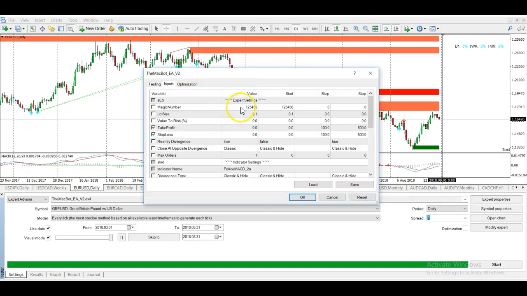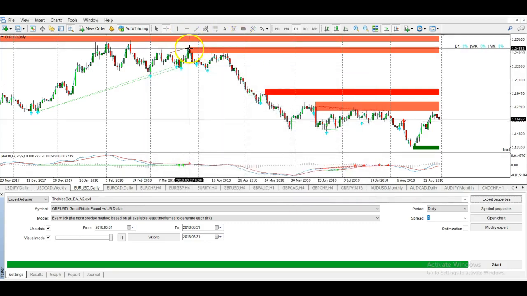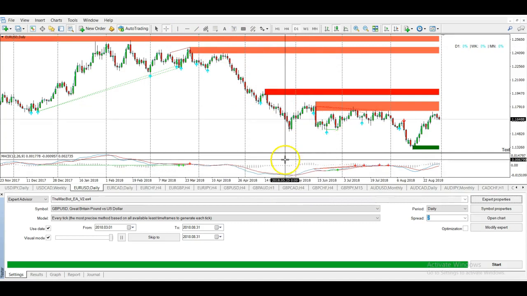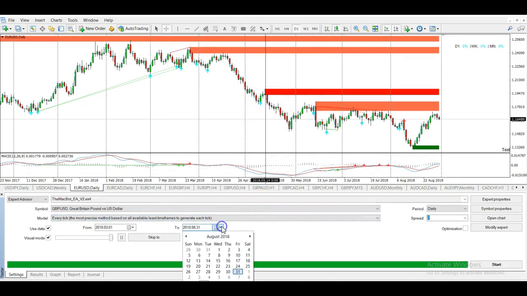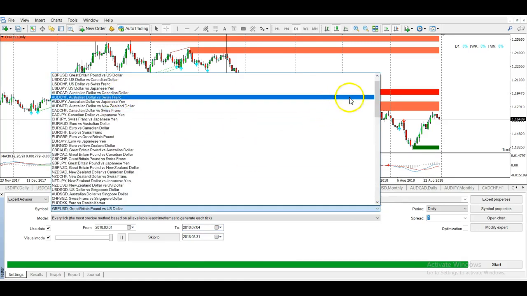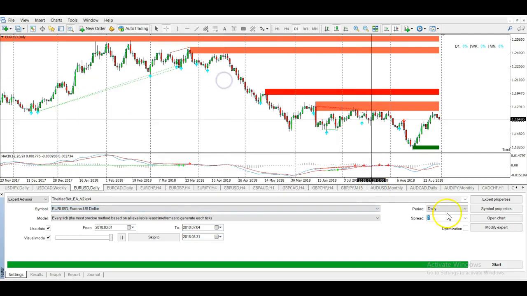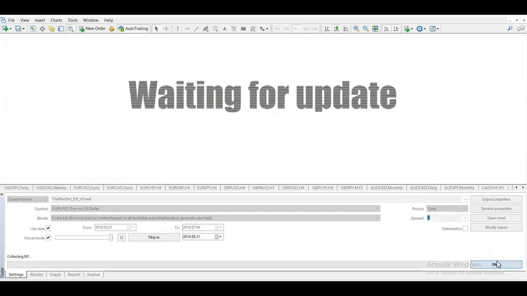Inputs. So this is going to open up here and it's going to close down here. Okay, and we're going to hit start.